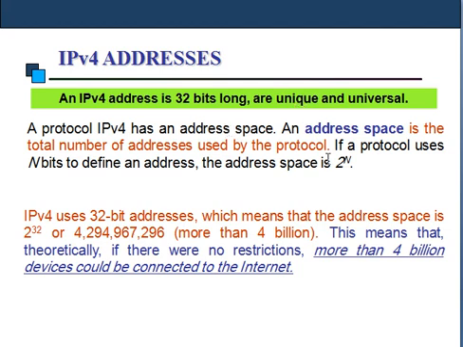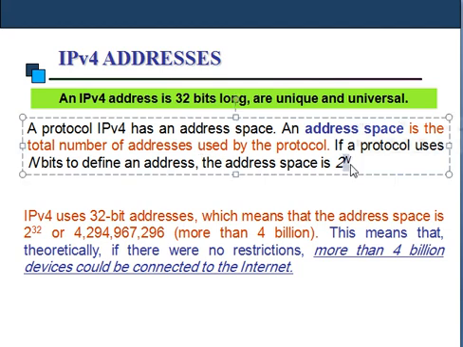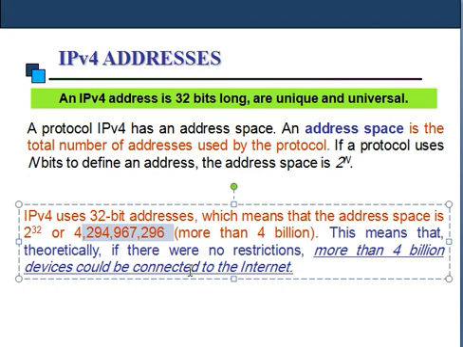That means the number of addresses is limited to 2 to the power n. 2 to the power of 32 gives only about 4 billion addresses, and on earth we have more than 7 billion people, and the number of users increases from year to year. That means IP version 4, which consists of 32 bits, will not be able to accommodate all users within the next 4 to 5 years.